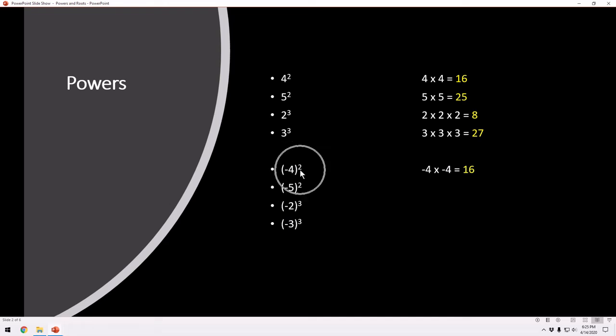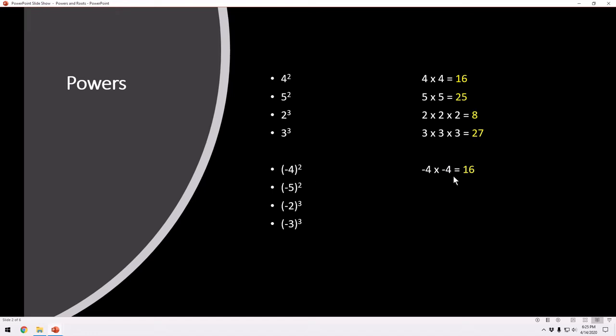Look at your exponent. Whenever your base is negative, look at your exponent. If your exponent is an even number, your result is always going to be positive. And if your exponent is an odd number, like 3, 5, 7, 9, your result is always going to be negative.